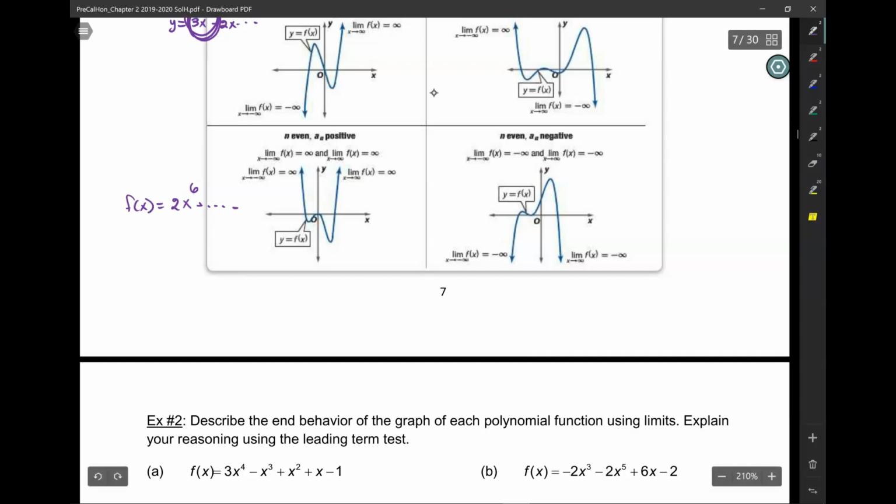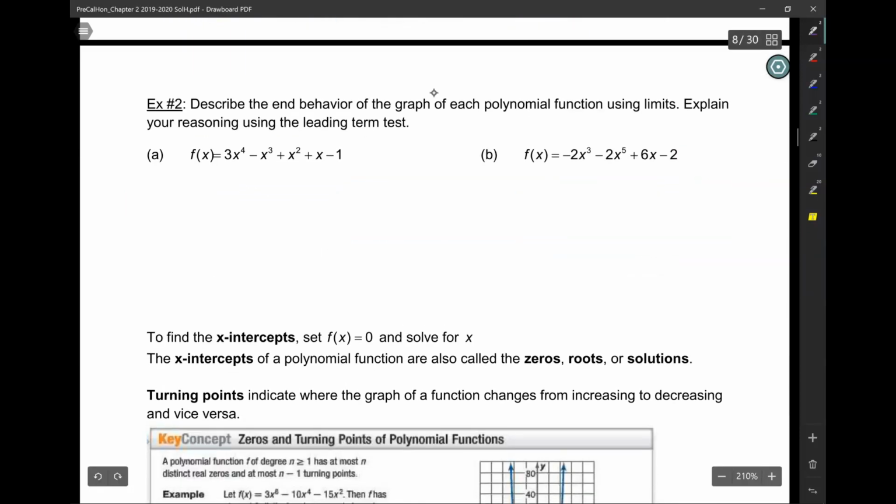Here, similarly, it could look like y equals negative 2x to the 6th, and then continue with other terms. What do I mean by continuing with other terms? This is what I mean. You could have a polynomial like this. This has 1, 2, 3, 4, 5 terms. What determines the end behavior?